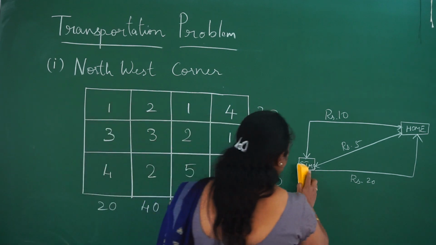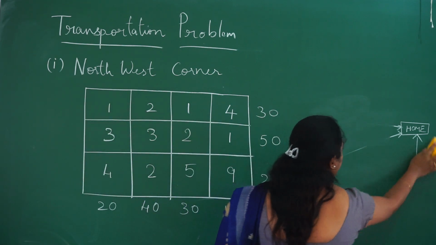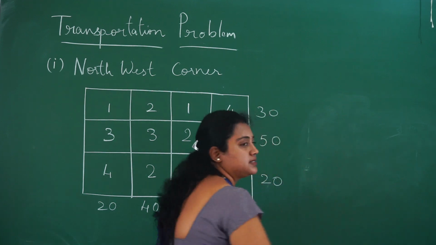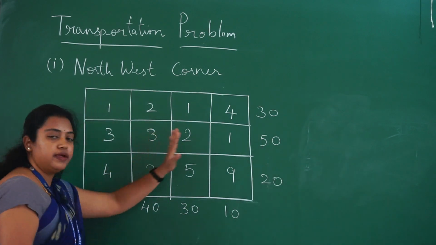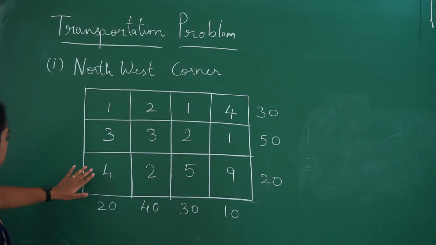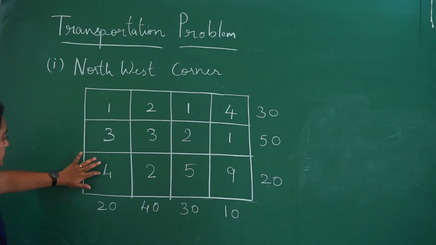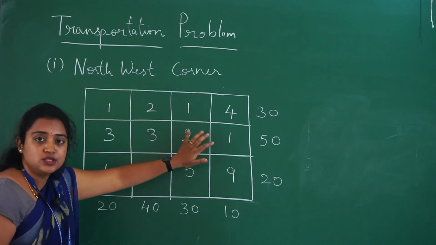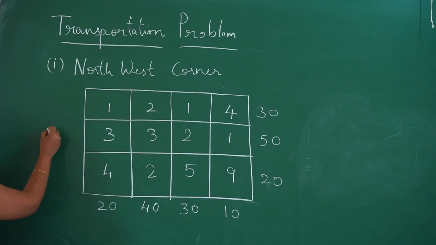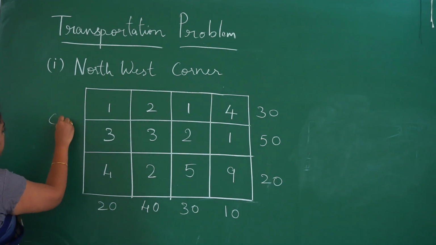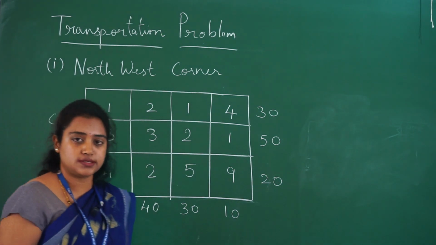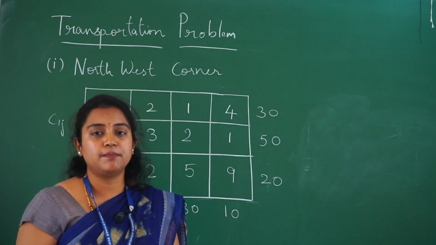In this type of problem you can apply any of the rules and find the solution. The elements you are seeing inside the cell are called Cij. Cij means the cost to travel from one place to another.